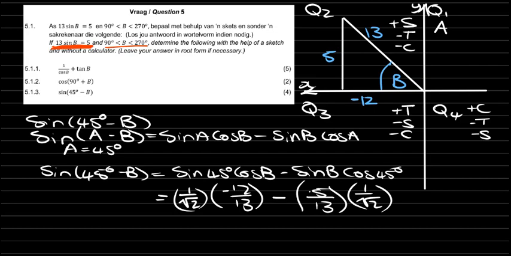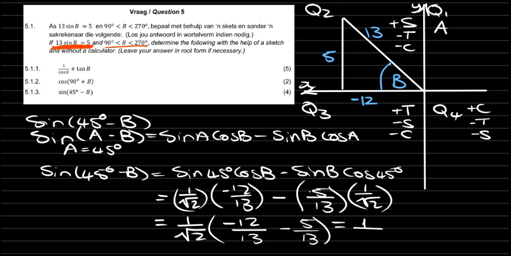So we take out the common factor of 1 over root 2, and we get minus 12 over 13 minus 5 over 13, which equals 1 over square root of 2 times minus 17 over 13.